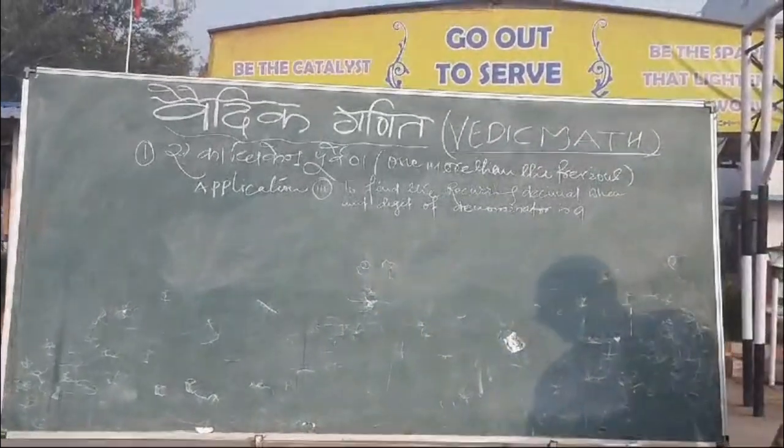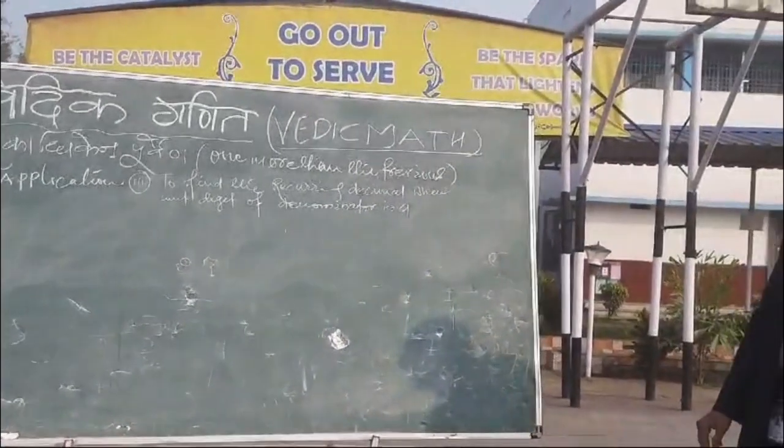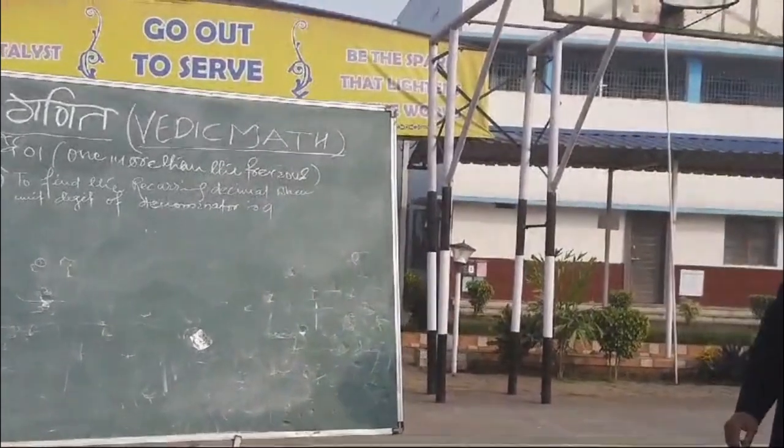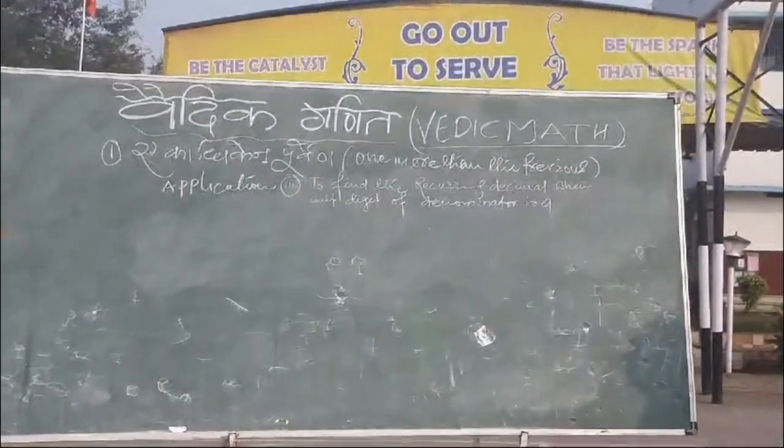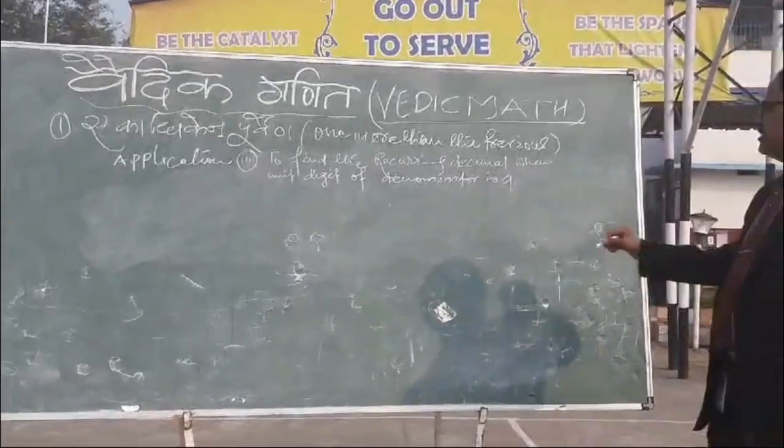This is the restriction of this method. Okay? How to find the recurring decimals when the unit digit of the denominator is 9?